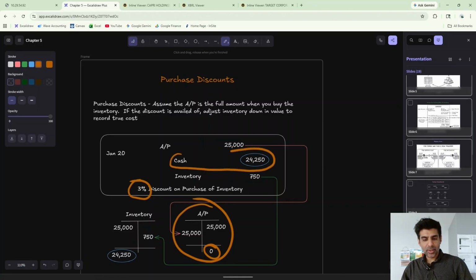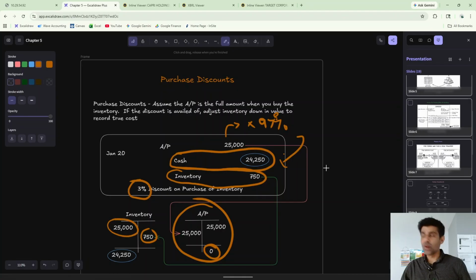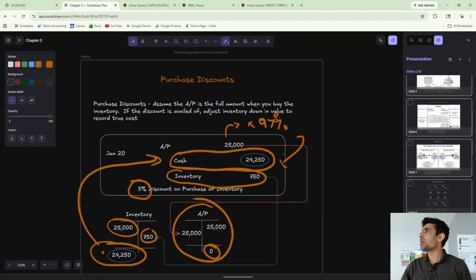We calculate how much cash we're paying, which is this times 97%. That's how we get to this cash amount. And then to make the journal entry balance, we need more credit, and it's going to go to inventory. Initially this inventory was overstated. It's not actually worth 25,000. It's worth 24,250. So now the inventory value is correctly aligned with how much we actually paid for the inventory, which is what we want. We want that inventory to reflect the value of that inventory.